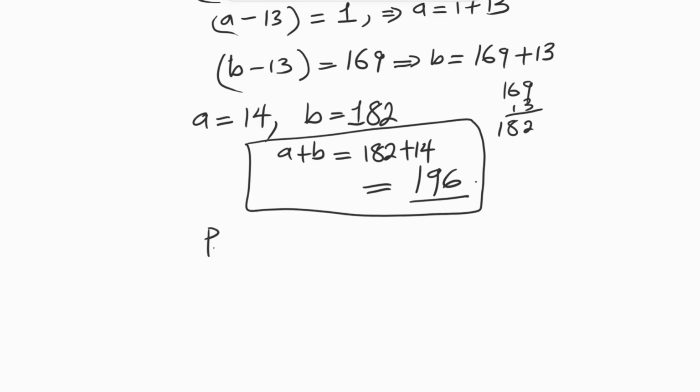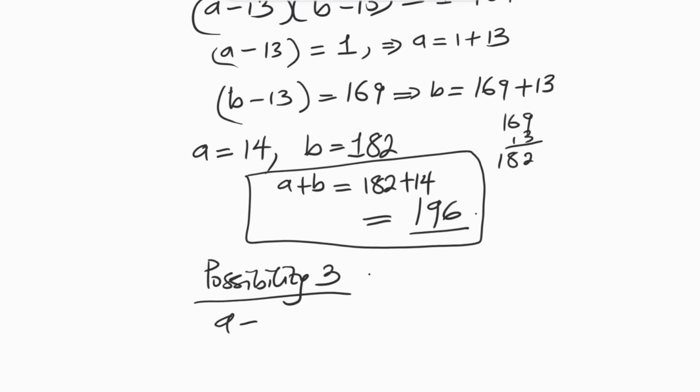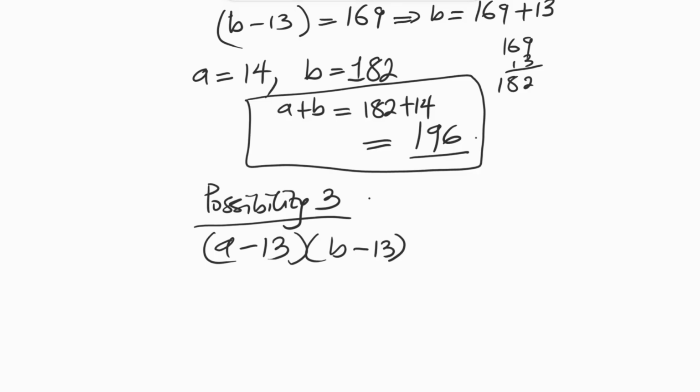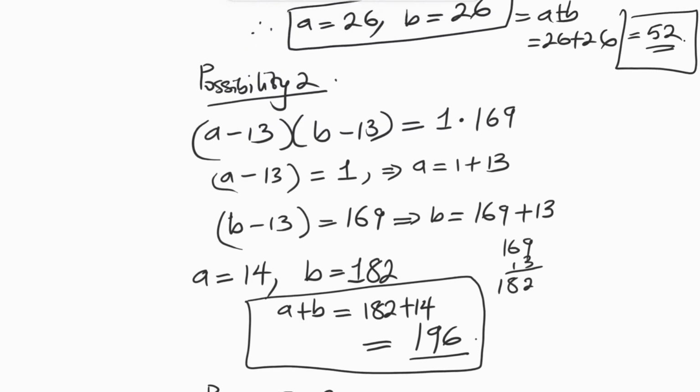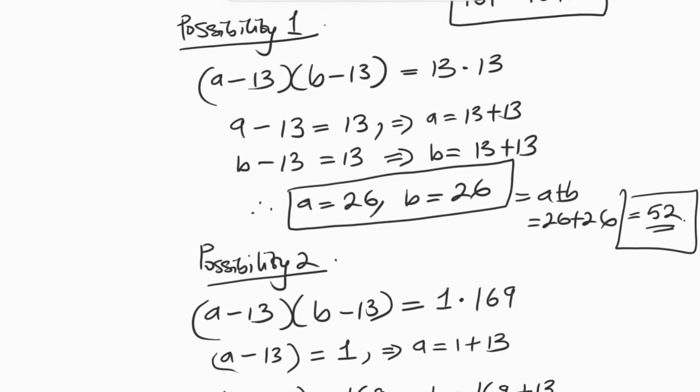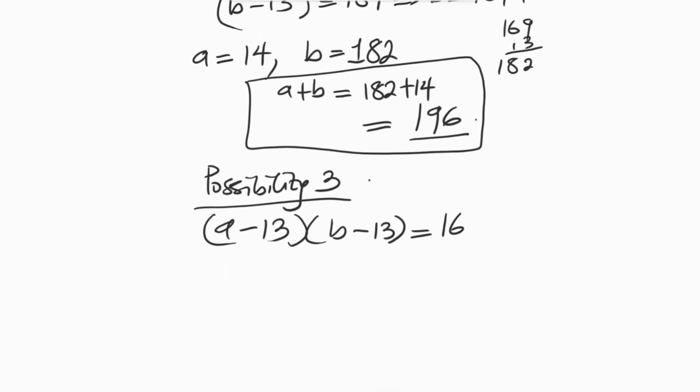Now let's go to possibility number 3. We have (a minus 13) times (b minus 13) is equal to 169 times 1.